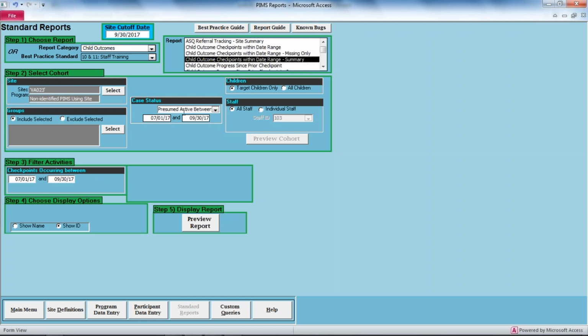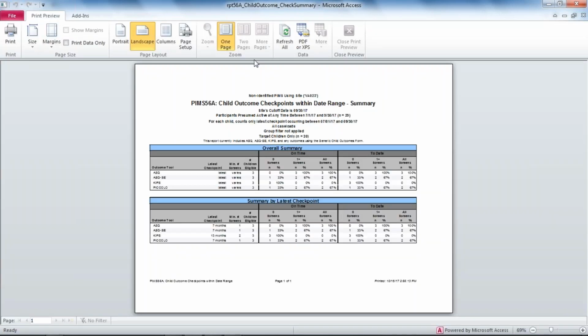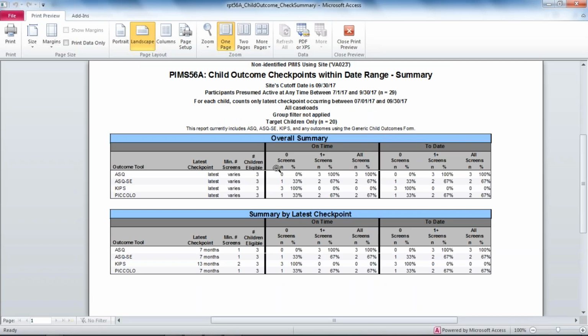So we're looking at all the children who are presumed active between these date ranges. This would be your last quarter. Run the summary, and it makes sense, but it's still a few people. We have 3 children eligible in this period on the ASQ.